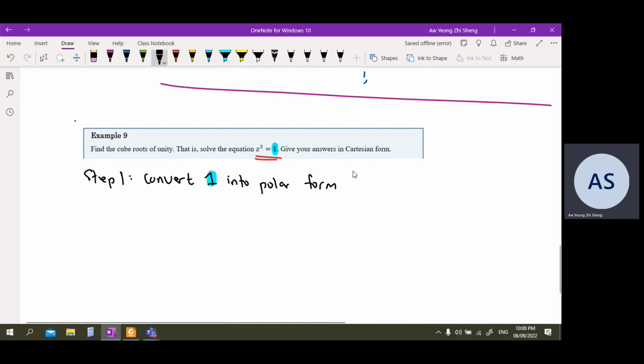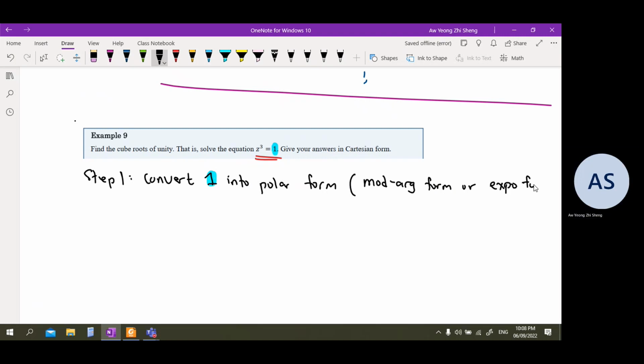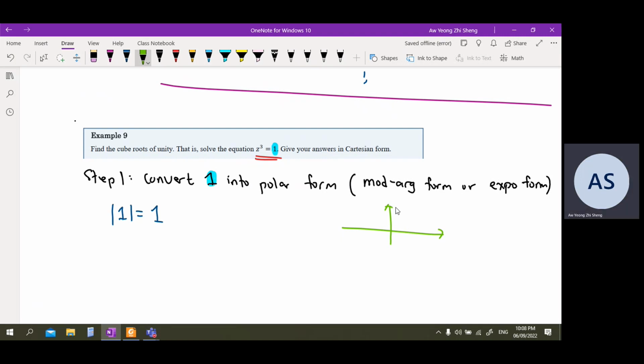Polar form can be either modulus-argument form or exponential form, whichever you prefer. Obviously the modulus of the number 1 must be 1, because if you visualize the Argand diagram, 1 is a real number on the real axis, so its vector representation has a length of 1.